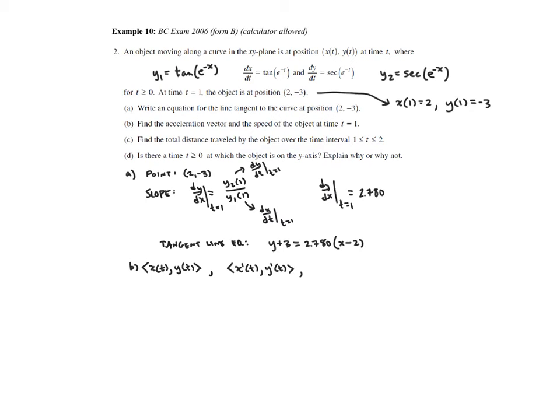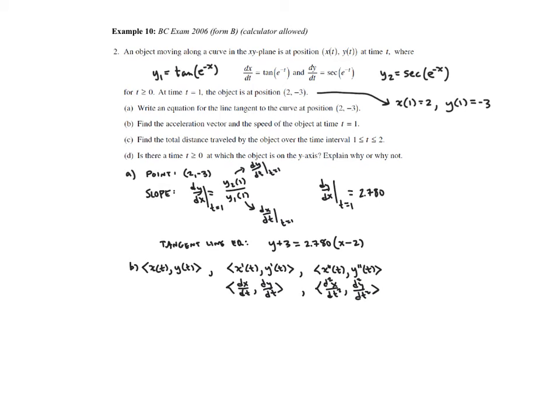The acceleration vector would be x double prime of t, y double prime of t. Now I could use the notation, right? X of t, y of t, and then dx dt, dy dt. And then for the acceleration vector, I could use d2x dt squared, d2y dt squared. That would be the acceleration vector.